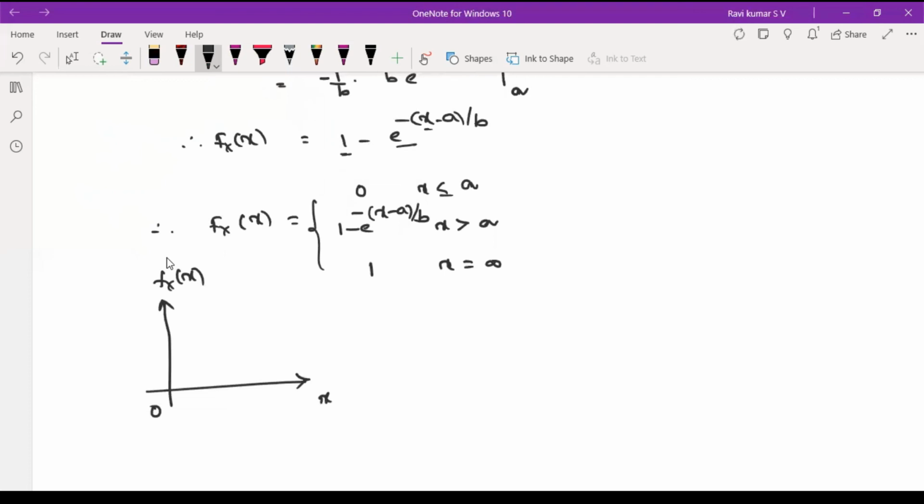So now I am taking density function. So density function is given by 1 by b e power minus x minus a by b. So for x less than a, the value is 0. So you can get from x is equal to a, the value is 0. And the maximum value is going to be 1 by b only, because 1 by b into e power 0. So that's why you can take 1 by b as the maximum value.